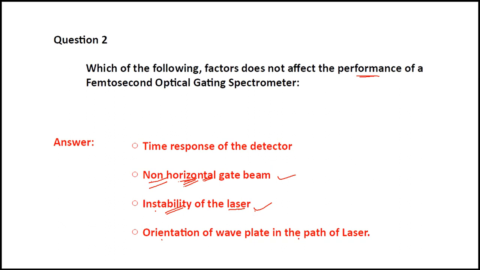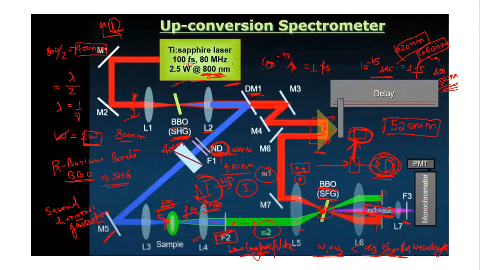The third is orientation of the wave plate in the path of the laser. If the orientation of each of these elements in the path of the laser is disturbed even a bit, it will affect the intensity of the light and the entire detection process.